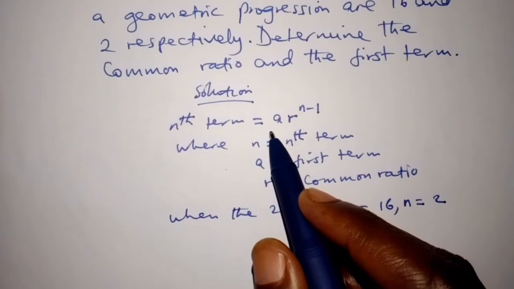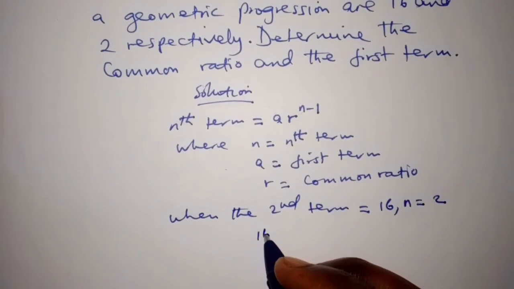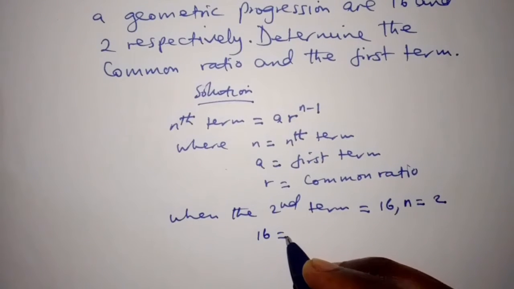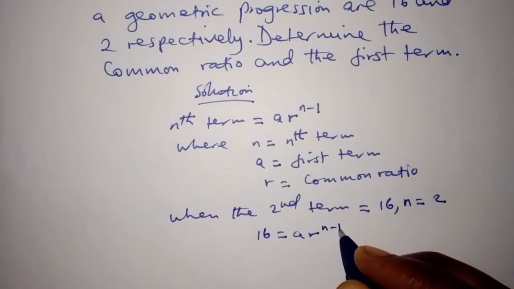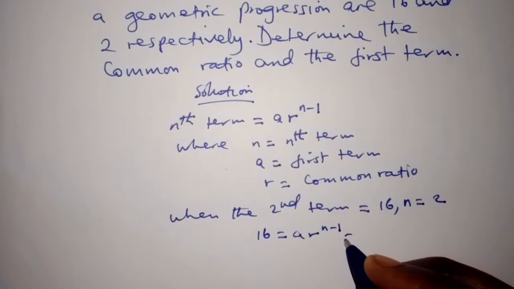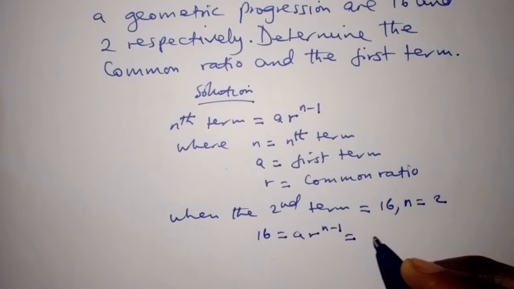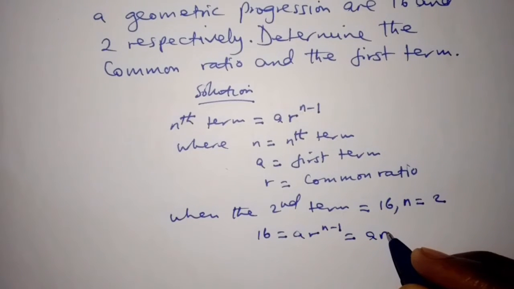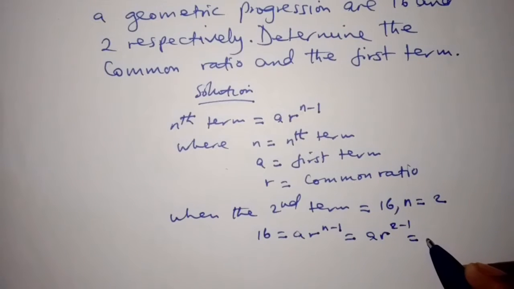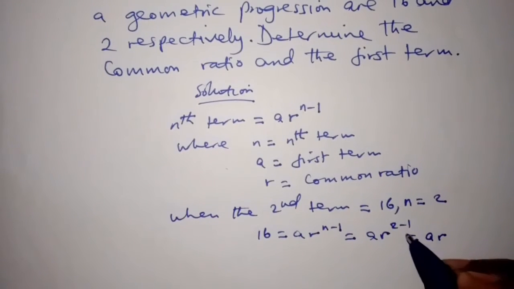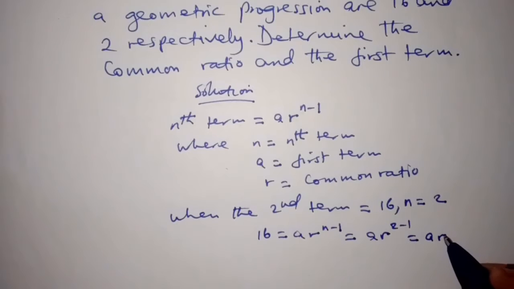We can say that 16 is equal to a r power n minus 1, and this is giving us a r power 2 minus 1. 2 minus 1 is 1, a r power 1, which is the same as a r.